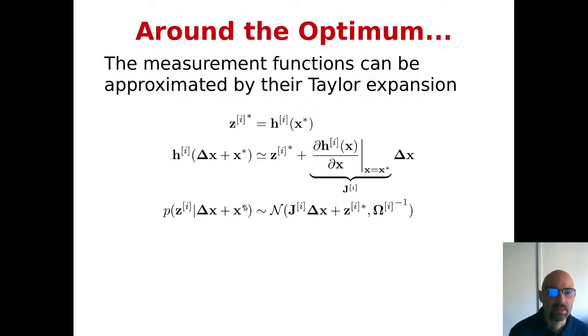And this is done, guess how? By using the chain rule. So we can write down that P of Zi conditioned on delta x plus x star is nothing else than a normal distribution whose mean is equal to the Taylor expansion evaluated at delta x, and it has a covariance matrix or information matrix which is the one originally attached to the measurement. Is it clear?